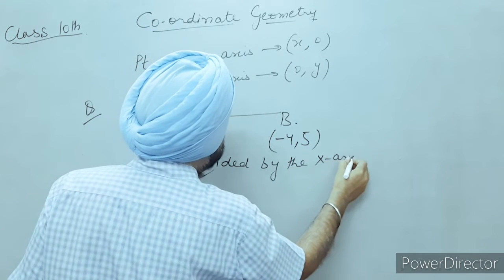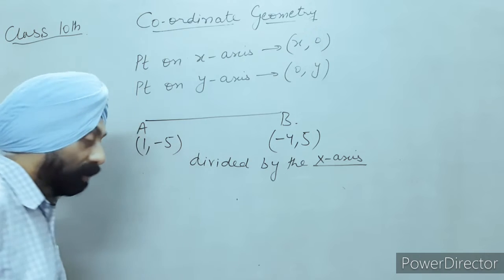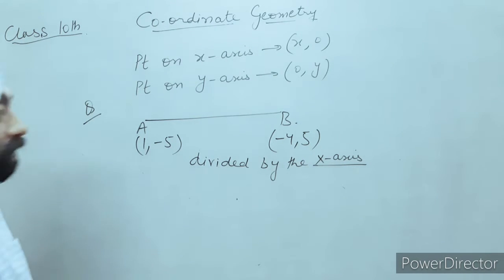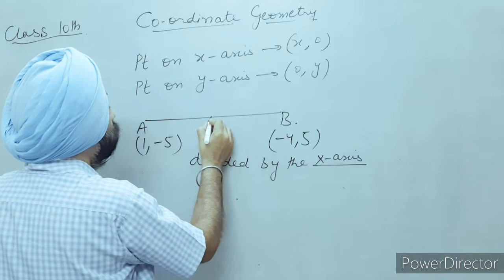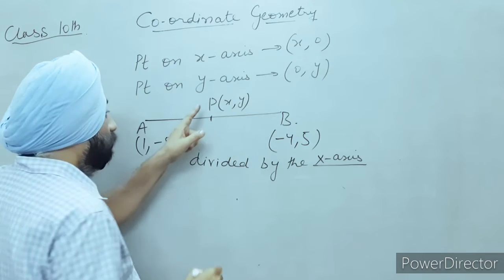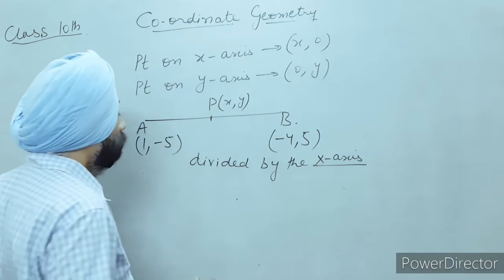Also find the coordinates of the point of division. I also need P of x comma y, the coordinates of this point also, right?